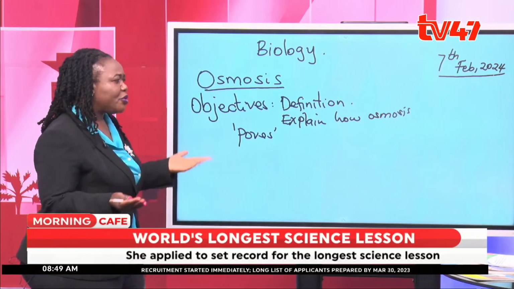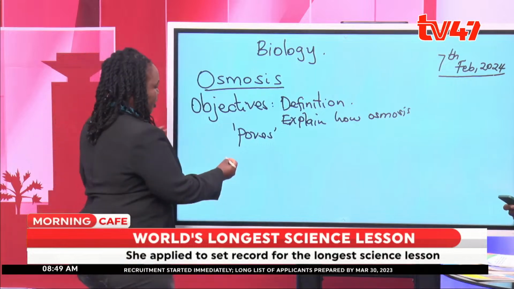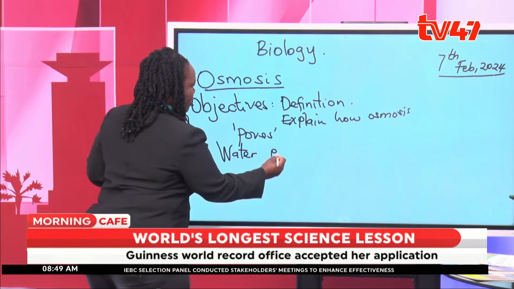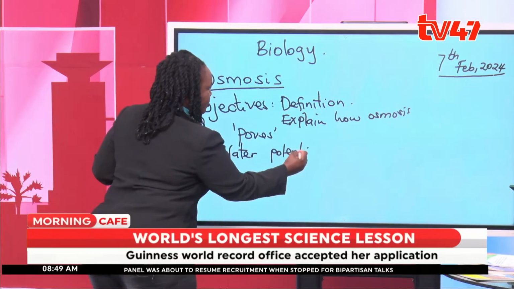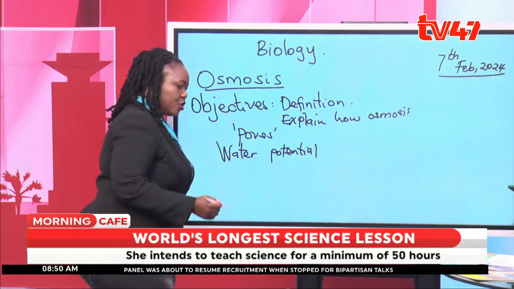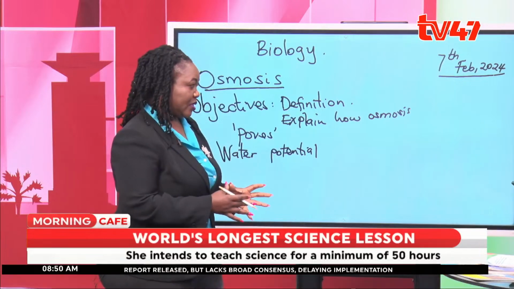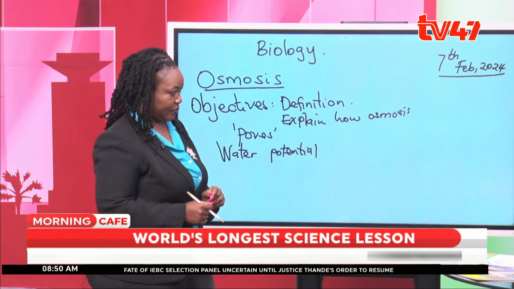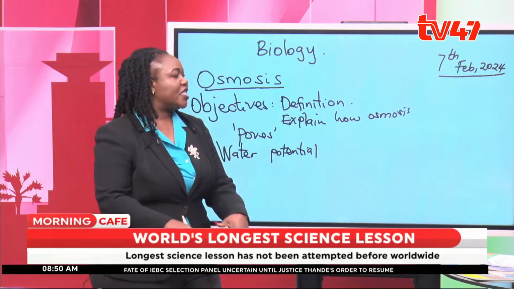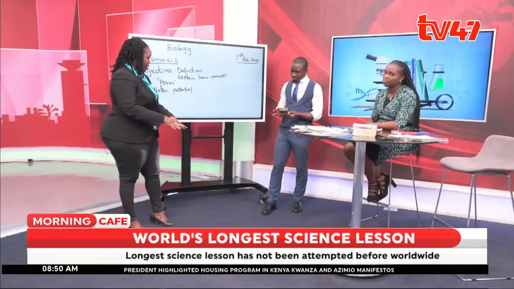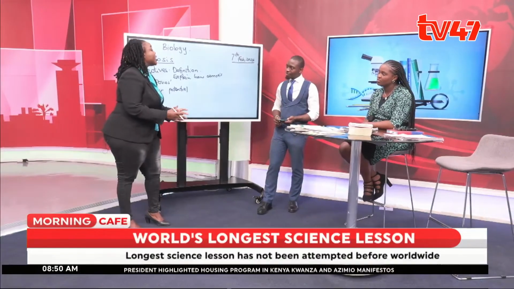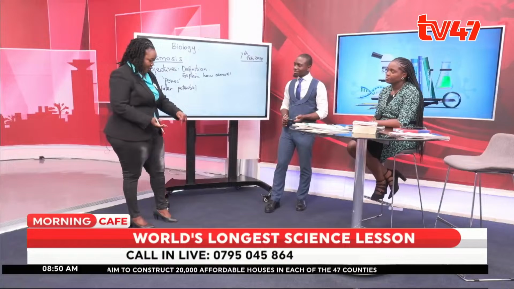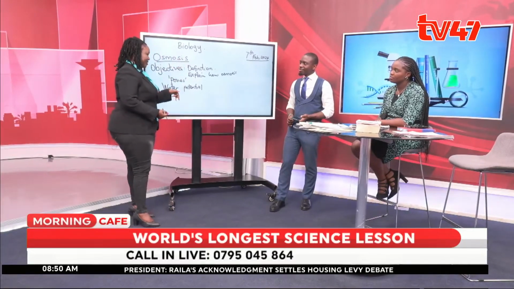So class, what do I mean when I say water potential? Now, here your plant is withering. Inside the plant tissues, we do not have water at all, that is why the leaves are withering. Now, when you water your soil, you have increased the amount of water in the soil. There are two regions here, the soil and inside the plant.